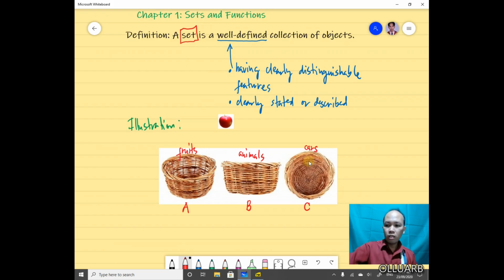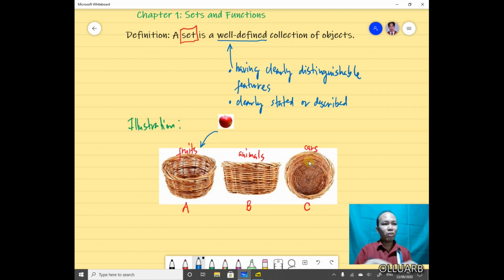This apple belongs here. It doesn't belong to this collection, this basket B, because an apple is not an animal. Apple is not a car.